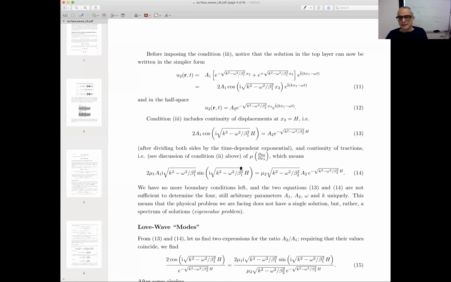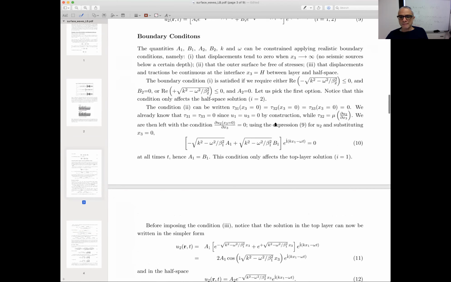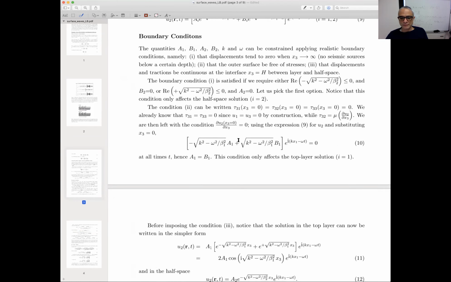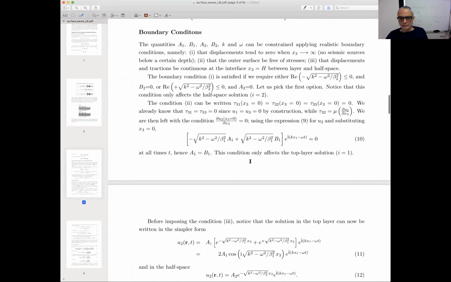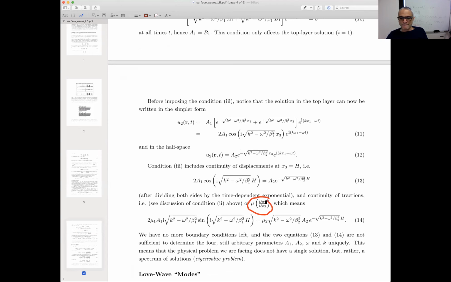But if you essentially implement, where is it that I write it down? Where you implement the continuity of this guy, you have to calculate the derivative of both this guy and this guy with respect to x3, and then equate them together.